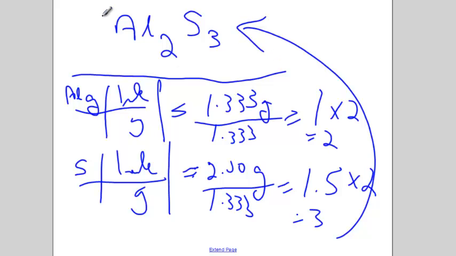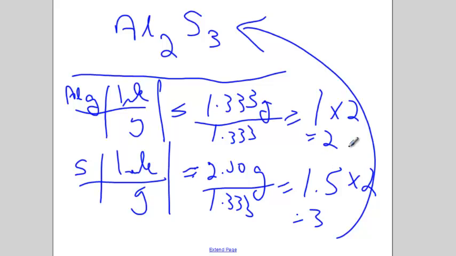Okay, so if the formula is going to come out to be something like this, where there is no 1 in the formula, you will not get whole numbers up and down the board here, and you have to multiply by something to get whole numbers. So look for that. If something comes out to be 1.5, you're multiplying everything by 2.